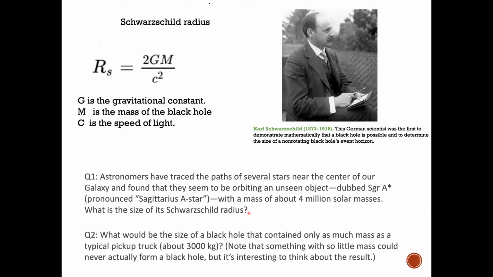We will never be able to have a black hole out of a light mass like 3,000 kilograms. But it is interesting to see what happens if you do the calculation. Now, all you need to do is 2G over c squared are constants. You just need to plug in the mass, right?